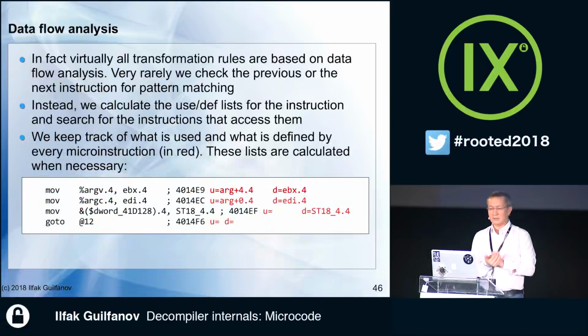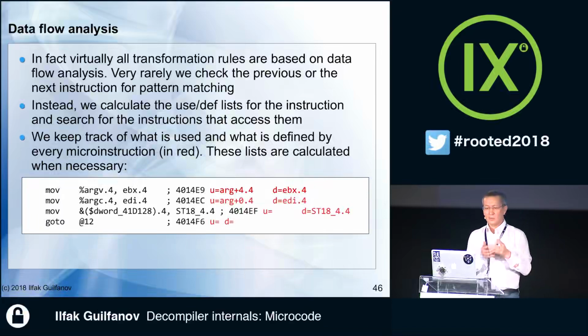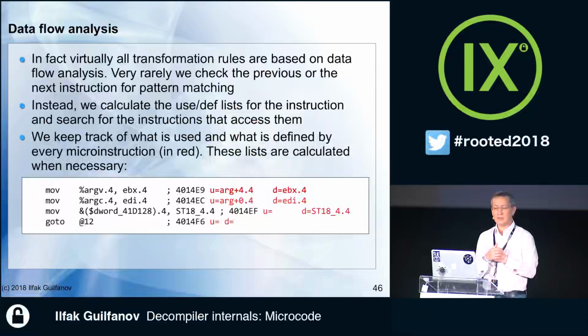The decompiler engine and the microcode use data flow analysis very, very extensively. Maybe you already noticed that for all instructions that we have here, for example, move, we also show the U equal and D equal things. They are shown in red on the slide. They show us what is used by the instruction and what is defined by the instruction.